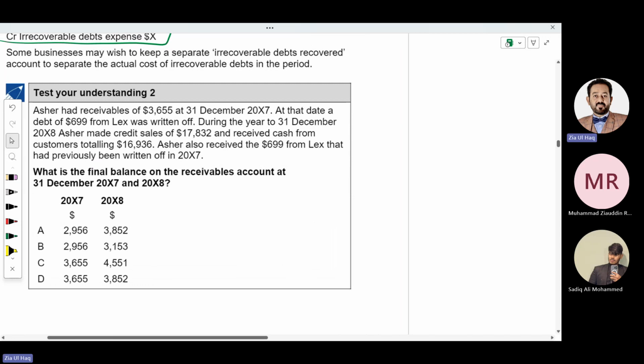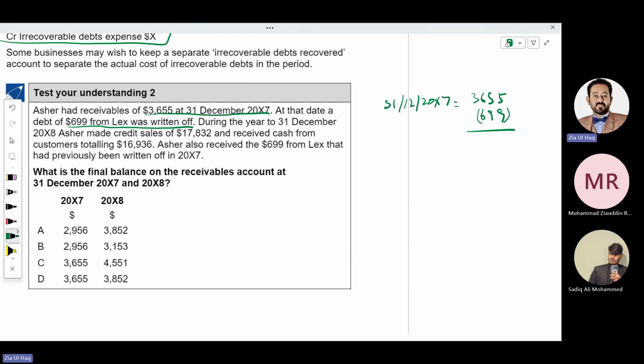Fisher had receivable 3655 at 31st December 20x7. At that date, a debt of 699 from Lakhs was written off, meaning bad debts. This means receivable balance at 31st December 20x7 will be 3655 minus 699.